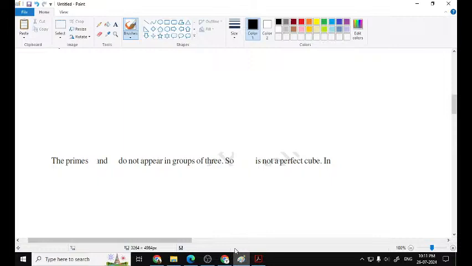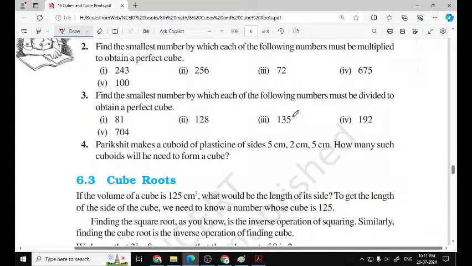Number is 81, or let us consider another one, 135.